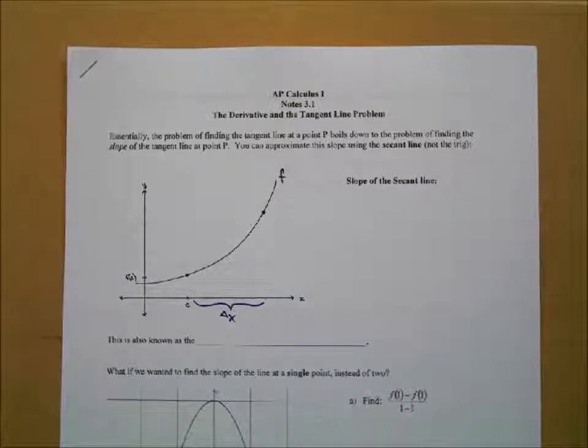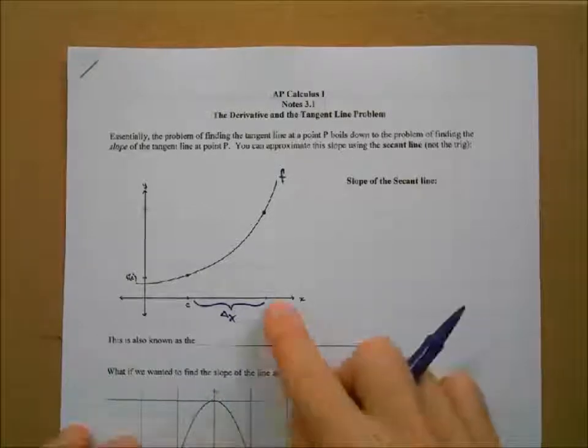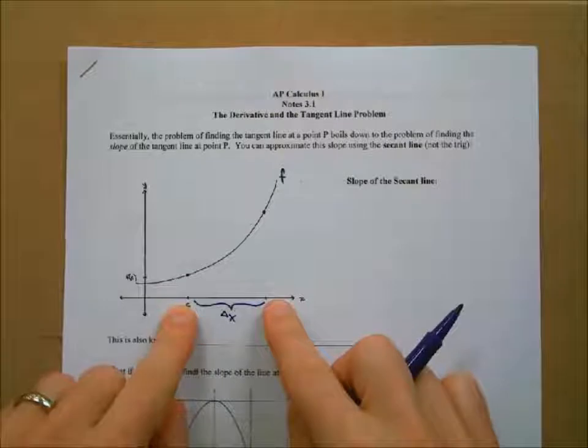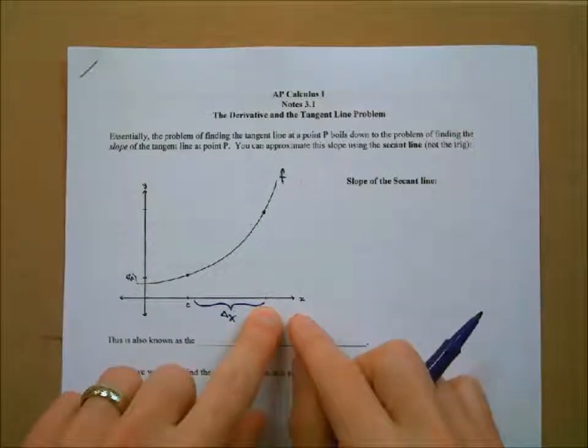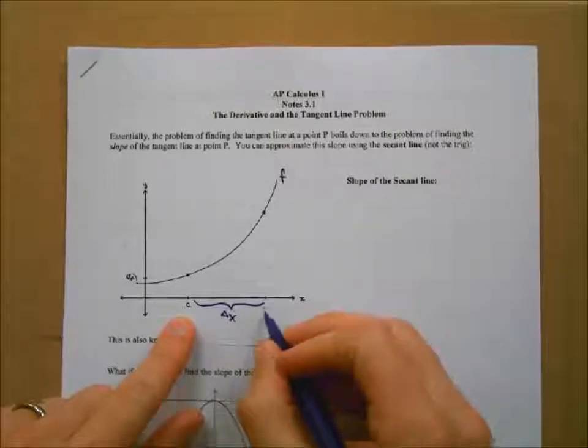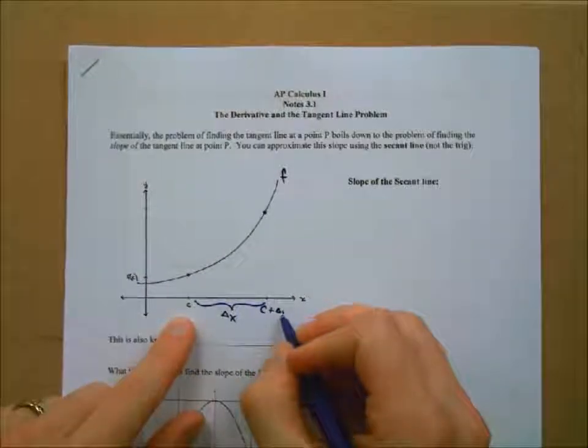So we're going to go out some measurement of x from that C value, which then would result, what would be an expression for this x coordinate right here? If we started here at C, we're going out delta x from that C, what could we describe this as? C plus delta x, right? Starting at C, adding delta x to it, C plus delta x.